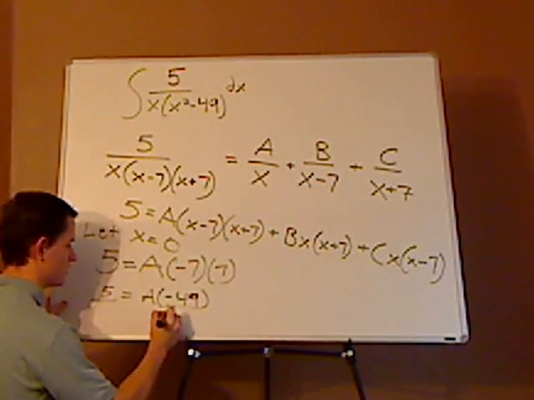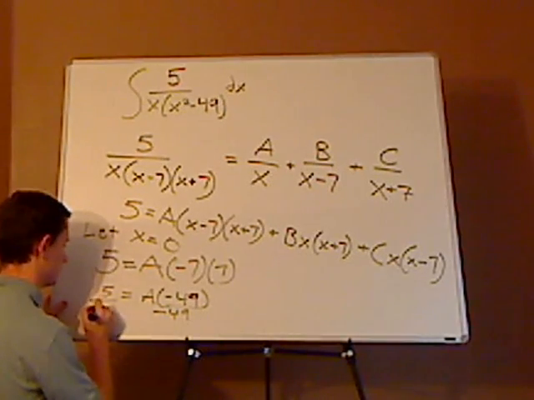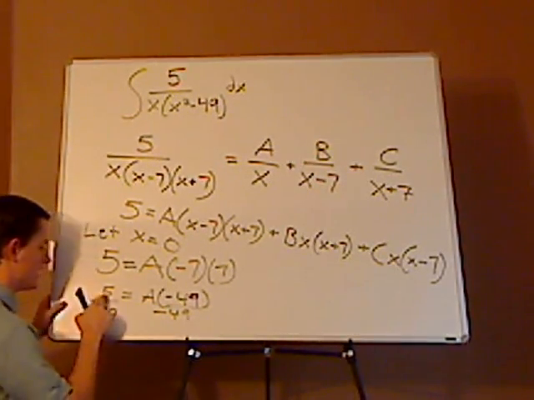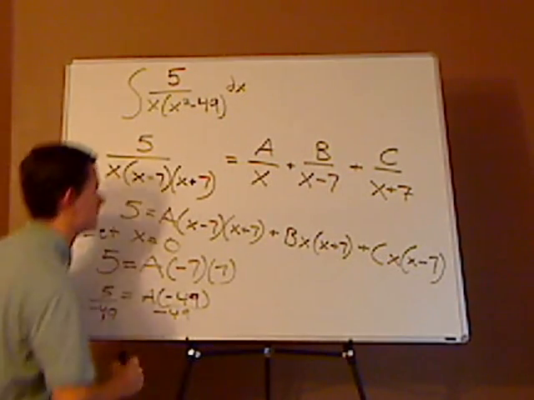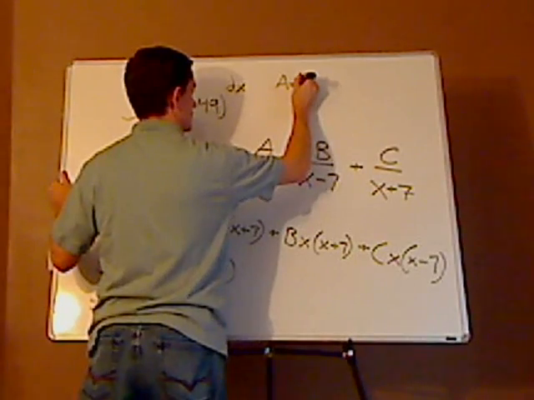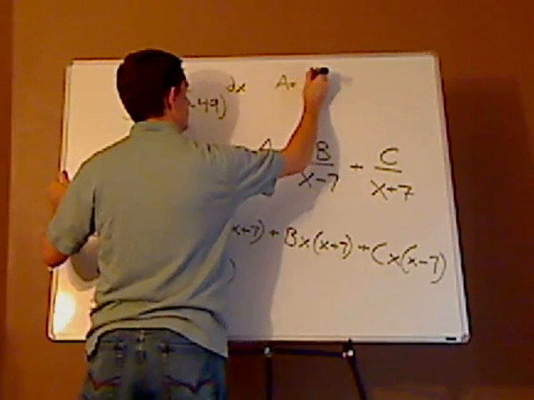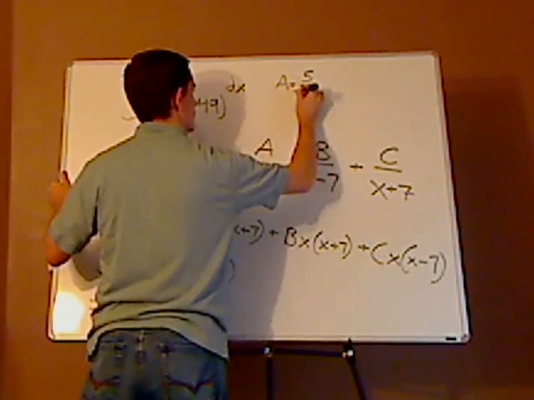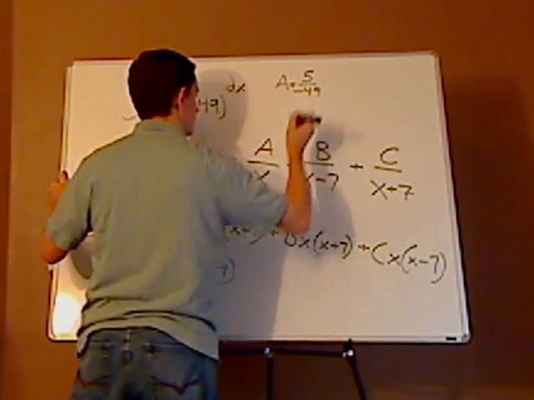I divide both sides by negative 49, and I get A equals 5 over negative 49. So I'm going to write that here: A equals 5 over negative 49.